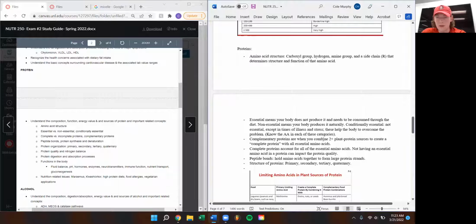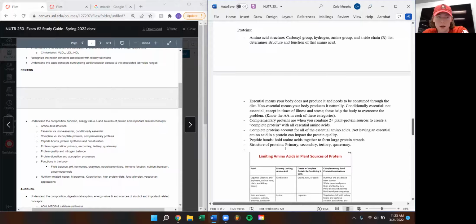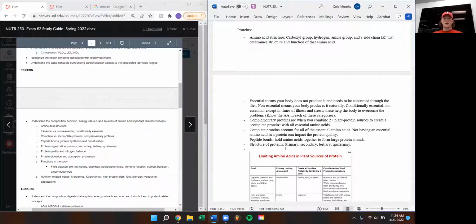So you combine two or more plant protein sources to create a complete protein. And then incomplete protein is just protein sources that don't have all the essential amino acids. Yeah, that's all I want to say about that.